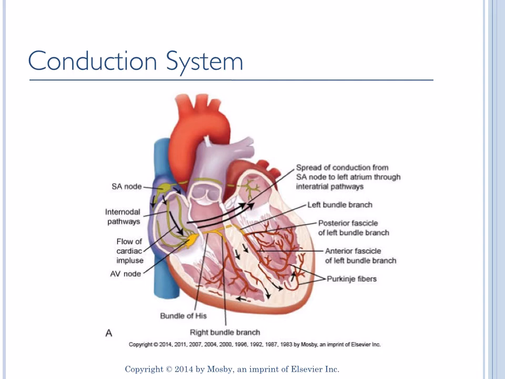Then the electrical impulse travels from the atria to the AV node through internodal pathways. The electrical excitation then moves through the bundle of His and then through the left and right bundle branches. The left bundle branch has two parts, anterior and posterior. Then the action potential moves through the walls of both ventricles by means of Purkinje fibers.